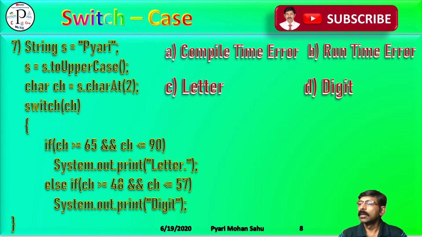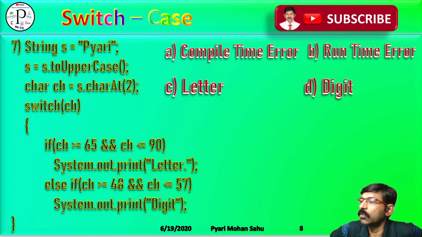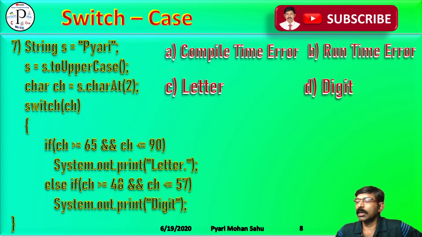Now it is a little bit bigger question. Error, because a variable cannot be checked for equality in case. No, we can check a variable for equality, how we do it in an if condition. It's not that reason.